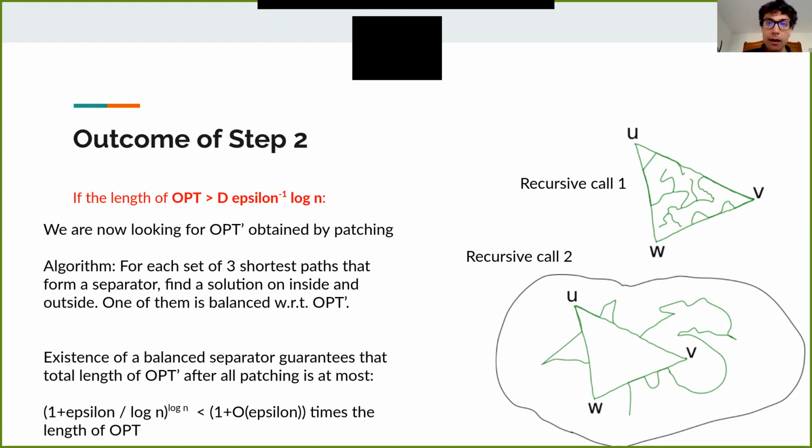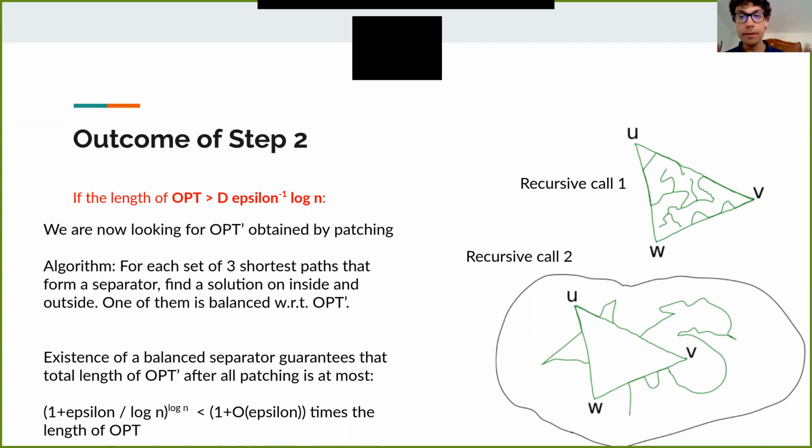Okay, good. So now I can repeat this process many times. I can repeat this process log n times because each time I'm multiplying the length of opt by a 1 plus epsilon over log n factor. So if I repeat at most log n times, I'm going to have a final opt prime that is at most 1 plus epsilon times longer than the original opt.